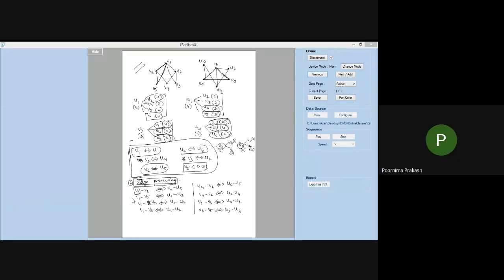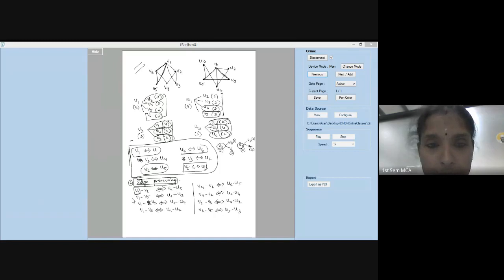For V5, I took U3, and for V3, I took U2. We can take the other way around, as long as you are able to make a one-to-one correspondence between the edges.